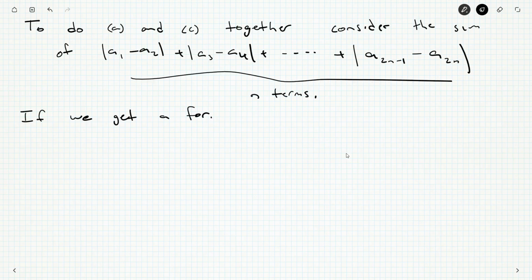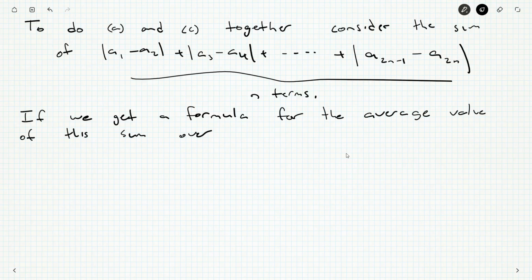If we can get a formula, and there's no guarantee that we will, but I think we probably could, for the average value of this sum over permutations of 1 all the way up to 2n. So we can get an average formula.